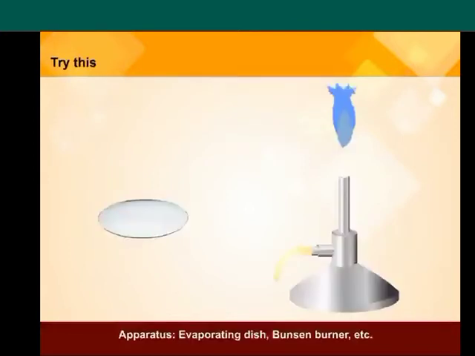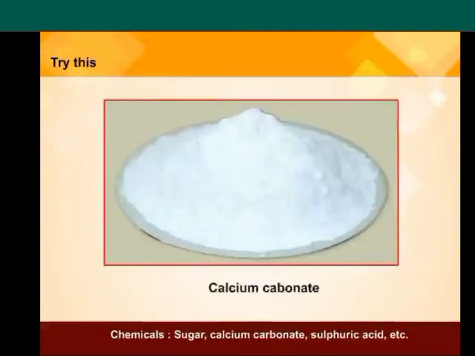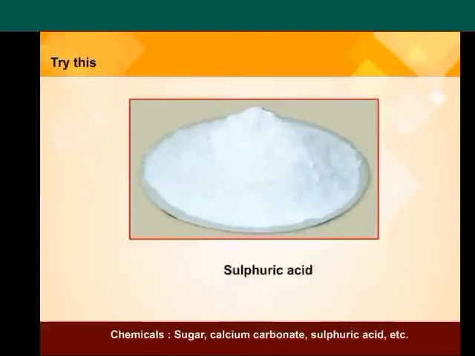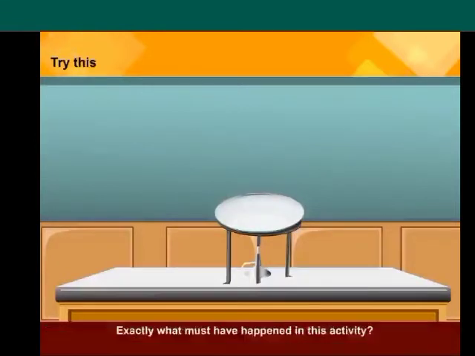Decomposition reaction. Try this. Apparatus: evaporating dish, Bunsen burner, etc. Chemicals: sugar, calcium carbonate, sulfuric acid, etc. Procedure. Take some sugar in an evaporating dish and heat it with the help of a Bunsen burner. After some time, you will see the formation of a burned out black substance.